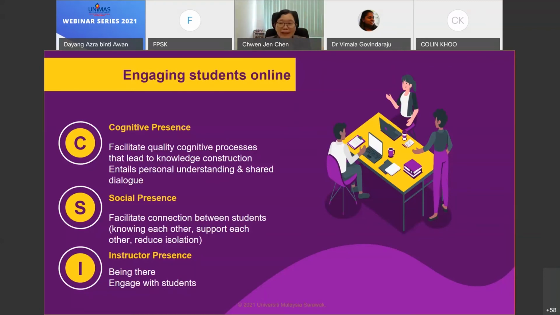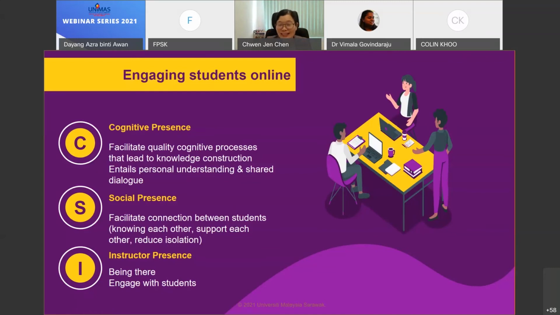We have to think of strategies to facilitate these quality cognitive processes so that our students can build the knowledge. What is important is that we want them to build their personal understanding of the content, and also afford some kind of shared dialogue to allow those cognitive processes to happen and allow the knowledge construction to happen. All right, so this is cognitive presence.